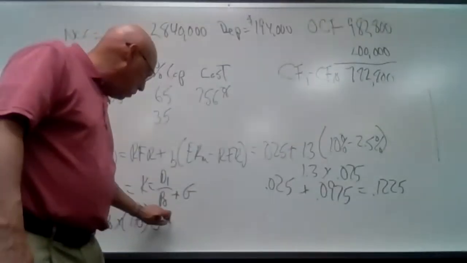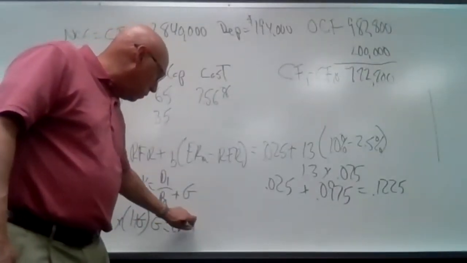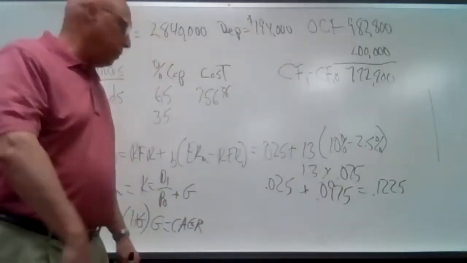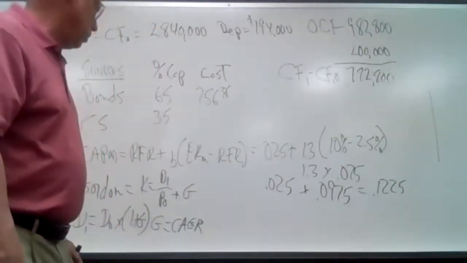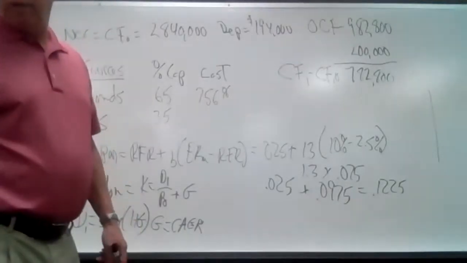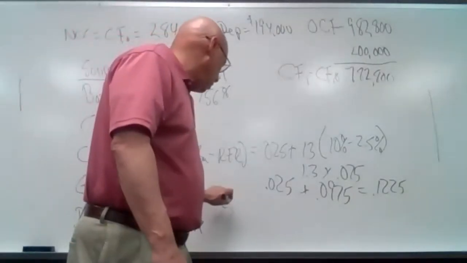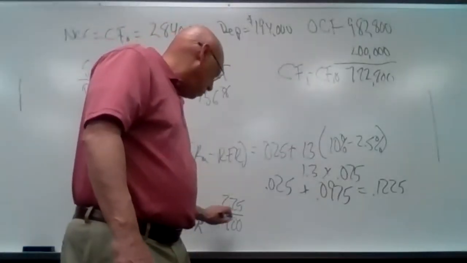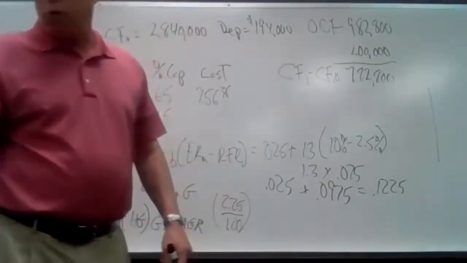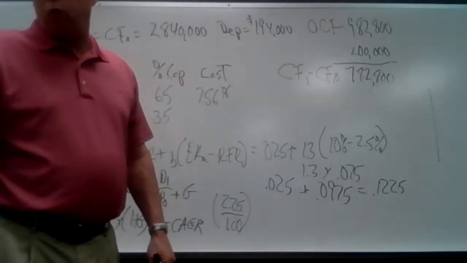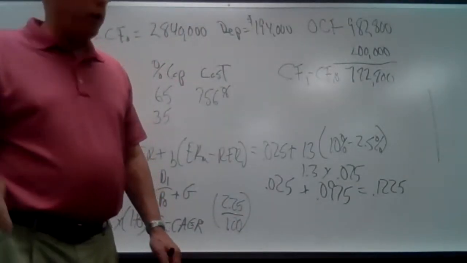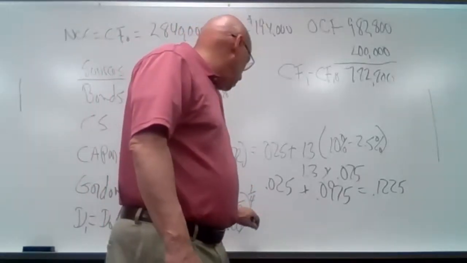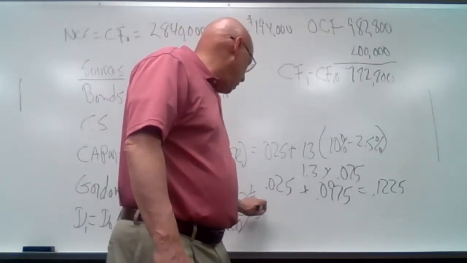Because D1 equals D0 times 1 plus g. g is CAGR. Now, I could say g is also SGR, but we're not going to mess with that. I think on the test you do have to calculate SGR. But let's do CAGR. So we have 2.25 divided by $1 raised to the 1 over n, and n is 1, 2, 3, 4, 5 minus 1, raised to the 1 over 4. Okay? Minus 1.